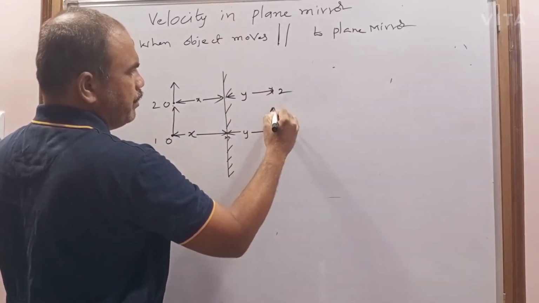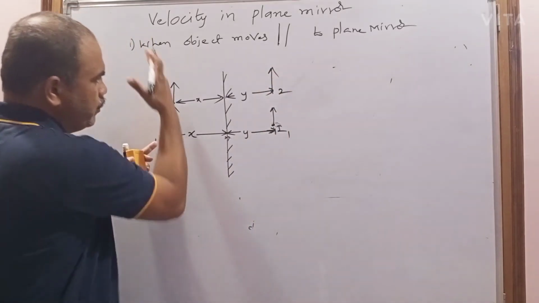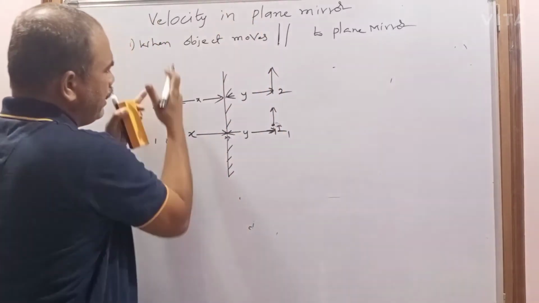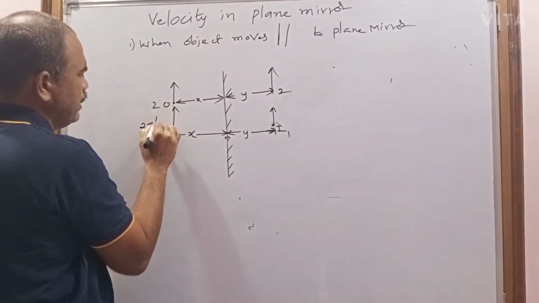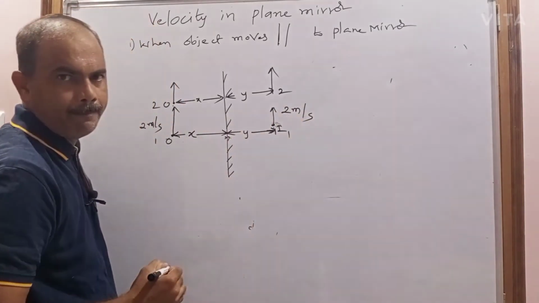So the image moves in this direction. When the object is moving parallel to the mirror, the image also moves parallel to the mirror with the same velocity. If the object moves 2 meters per second, the image also moves with the same 2 meters per second.